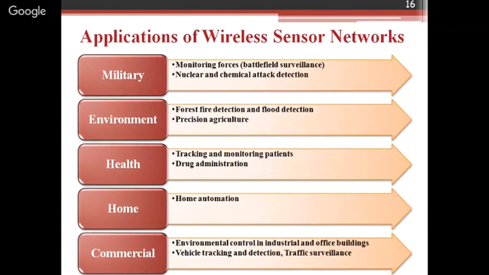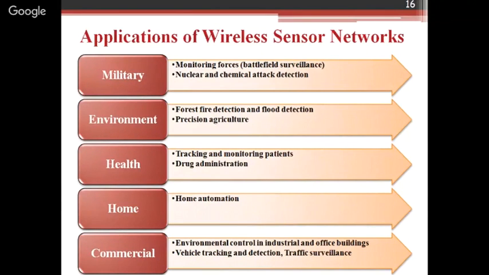In precision agriculture, they have to keep track of the nutrition of the plants, what minerals they need and how much water they need. That's where they are used in precision agriculture. In health, they are used for tracking and monitoring the patient's movement, and in drug administration.